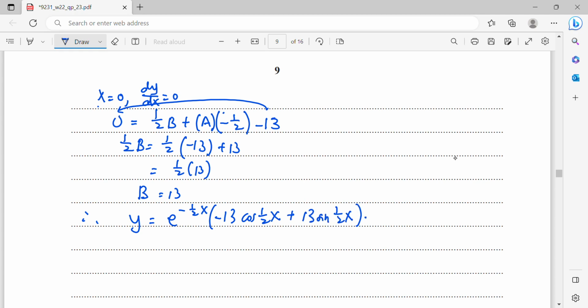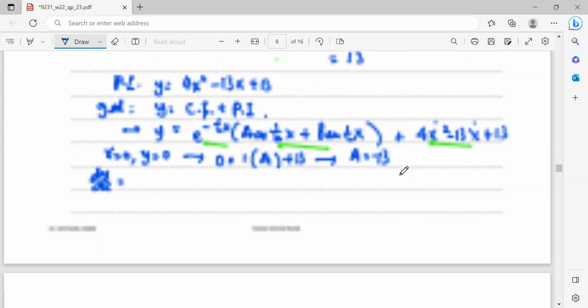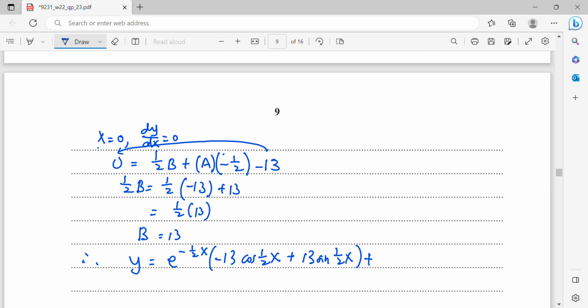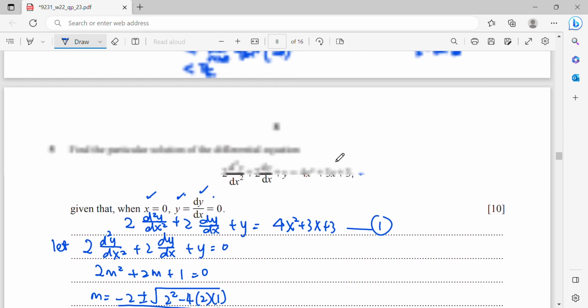After that, plus 4x squared minus 13x plus 13. Okay, so this is the solution for question 5. All right.